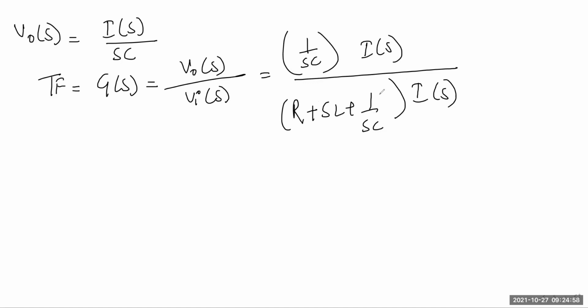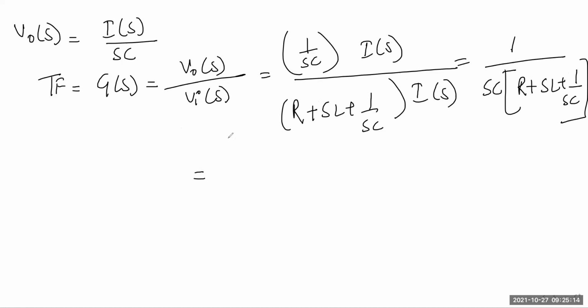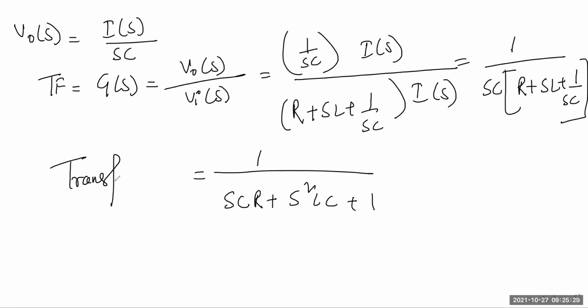So from here you can write 1 upon SC over R plus SL plus 1 upon SC. Next, if we solve the equation, we will get 1 by S C R plus S square L C plus 1. I think this is clear to you all. If you solve this equation, you will get this transfer function. So this is the transfer function of this particular model.